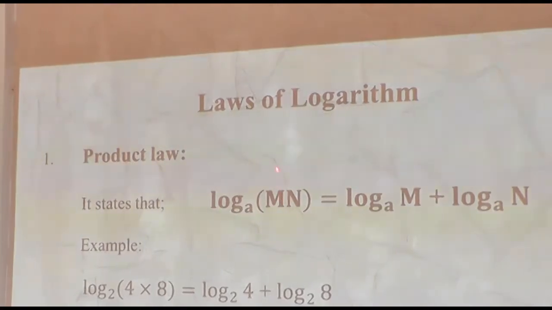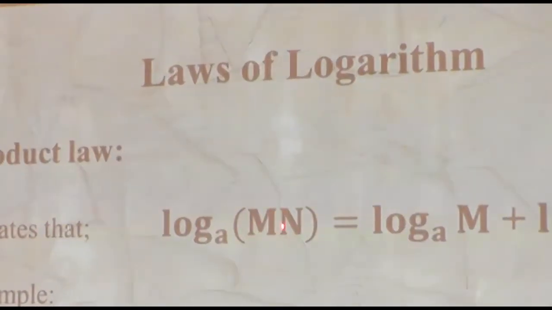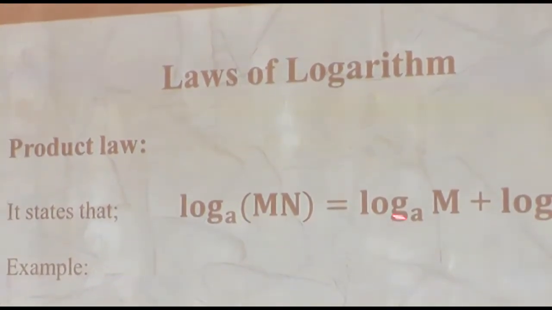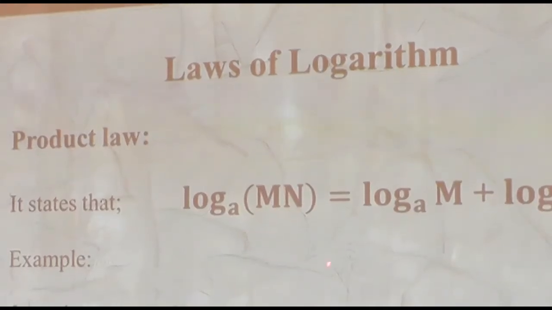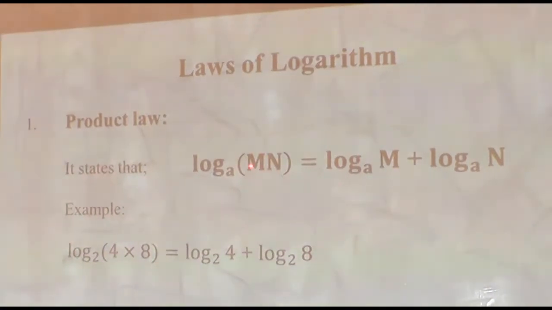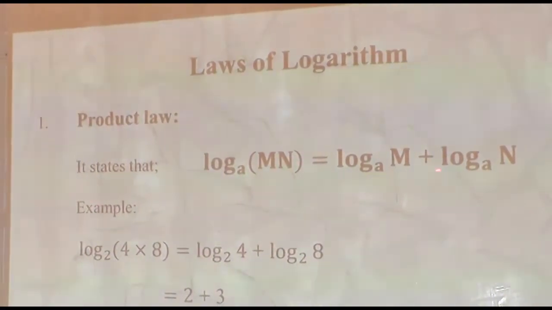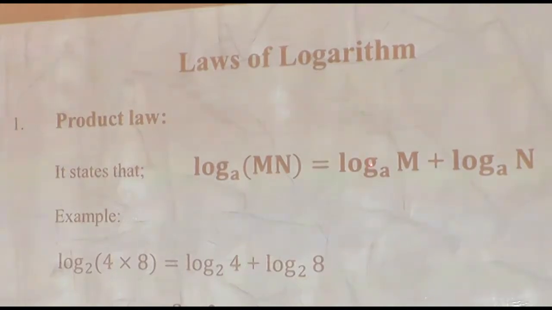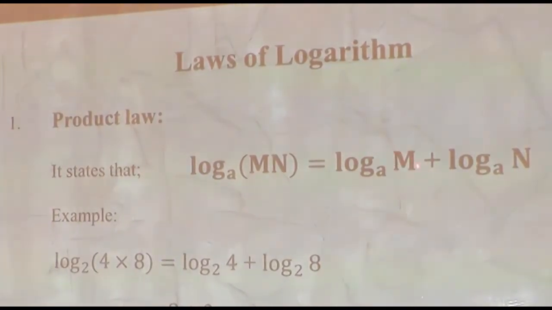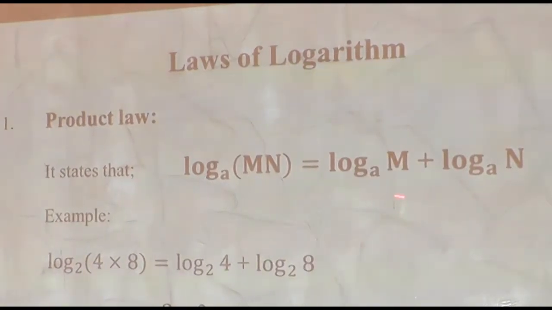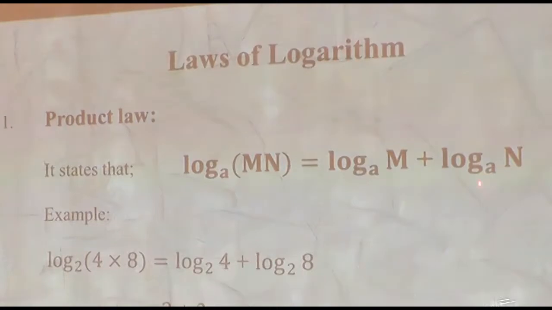In this case, this is multiplication, but because they have the same base, they will be added. In the laws of indices, when numbers of the same base multiply themselves, you simply add the powers. That is what we are doing here. Remember, I said logarithm means power. So if I find the logarithm of m to base a and the logarithm of n to base a, I will be adding them to obtain my solution.